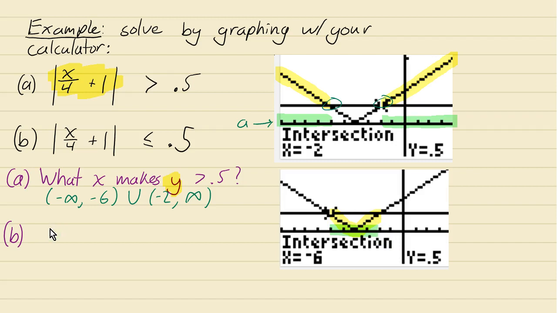So this time the endpoints here are included. X can be equal to negative 2. It could be equal to negative 6. That will make the whole thing exactly equal to 0.5, and that's okay. So you could write that in interval form as the interval from negative 6 up to negative 2, like so.